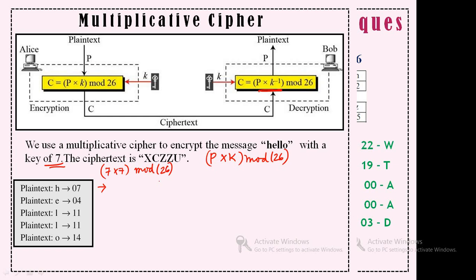Only the remainder. 49 minus 26 you have to do. So whatever remainder you get will be the answer. So anyone with the final answer of the cipher text? Please do it quickly.